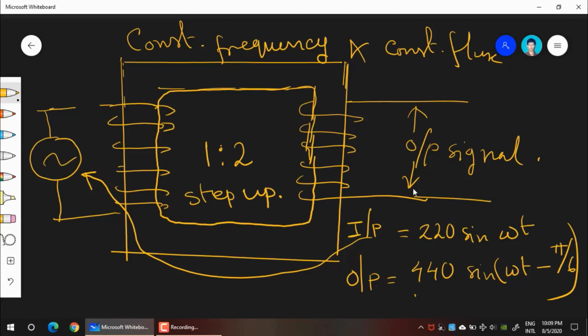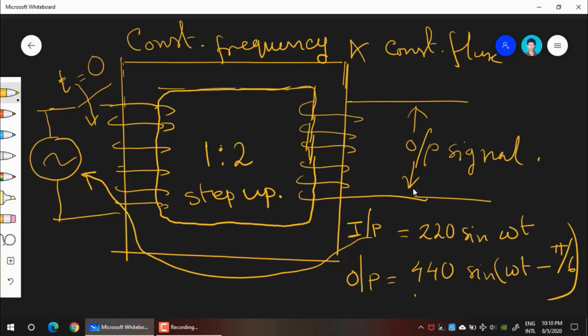You need some switch over here, and at t is equal to 0 the switch comes to contact. The moment the switch alters its position from open to close, we denote that moment as t is equal to 0.